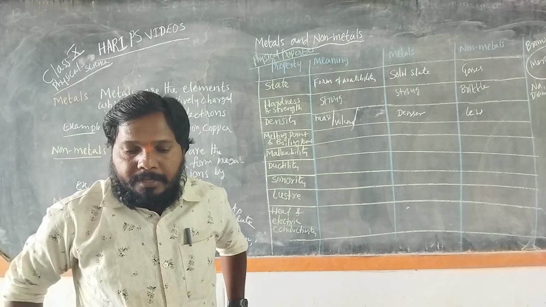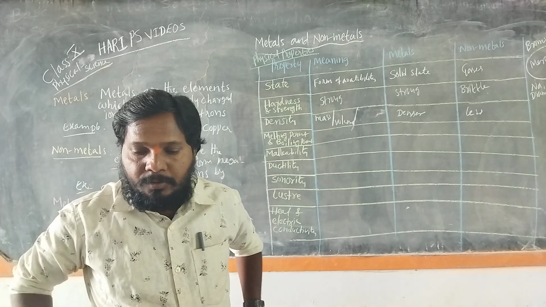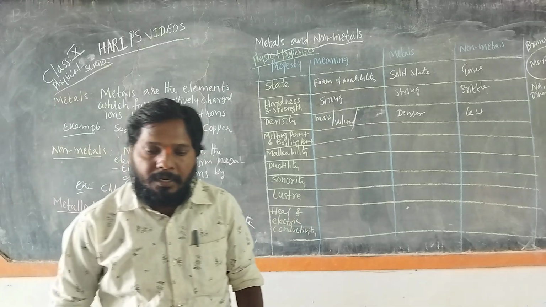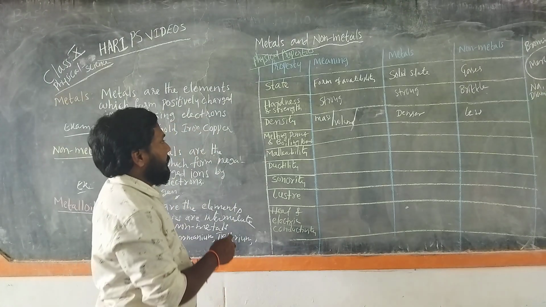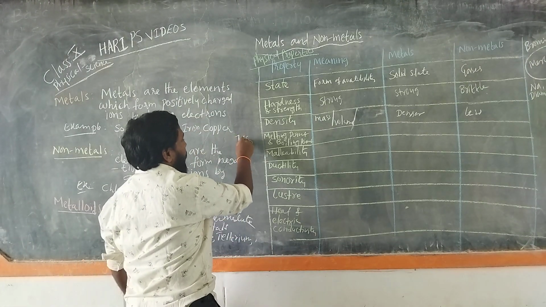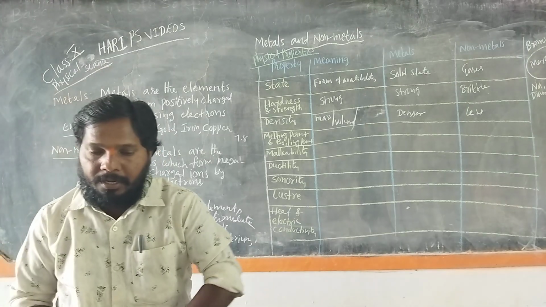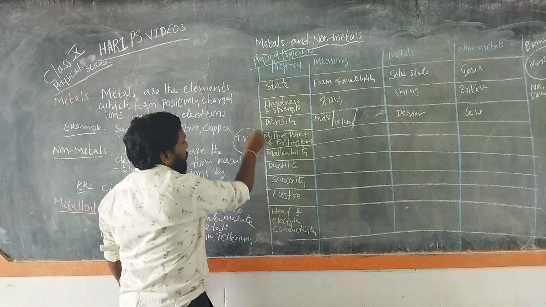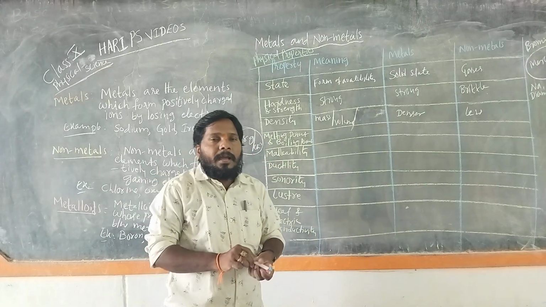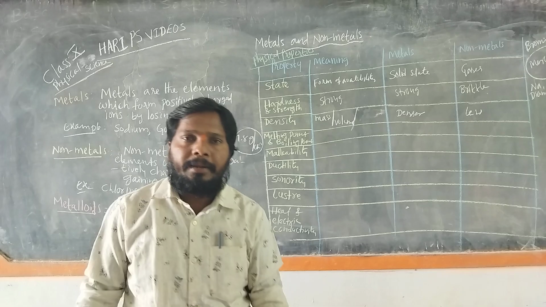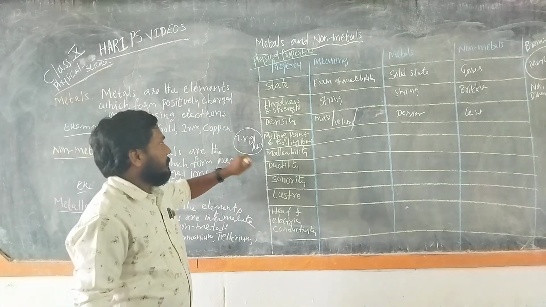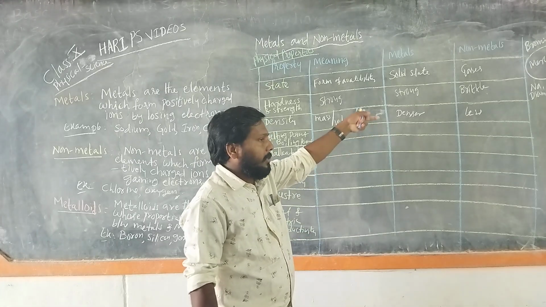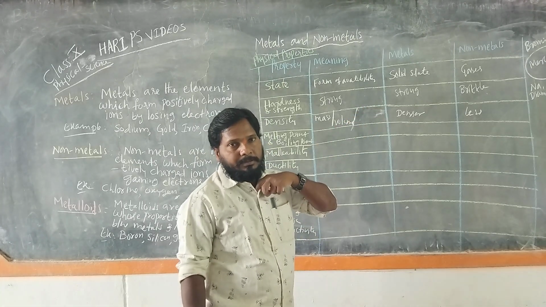By saying that metals have high density, you can say that metals are heavy substances. For example, the density of iron is 7.8 gram per centimeter cube. We will learn the values later. Just understand that denser substances are the heavier substances, and the less dense are the lighter substances.